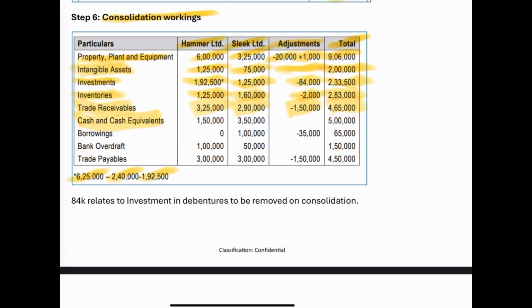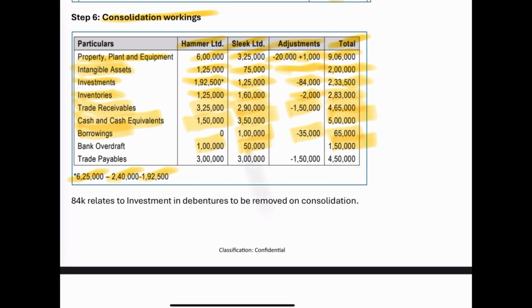Then cash and bank, it's just a simple addition of the two entity balances. And borrowing, you have 150,000. The borrowing of Sleek Limited includes debentures invested by H Limited, which need to be eliminated, so the remaining borrowing is 65,000. Then bank overdraft, just simple addition.